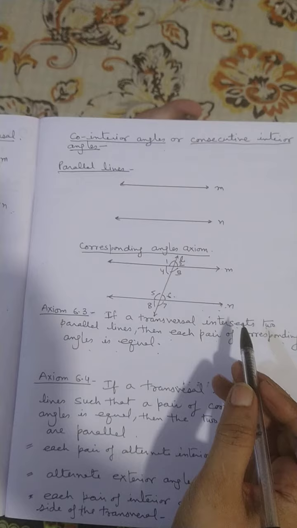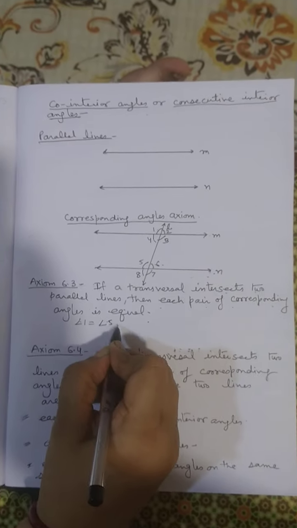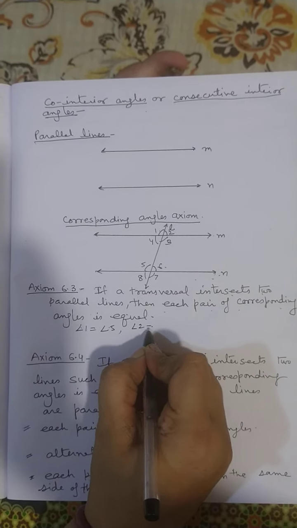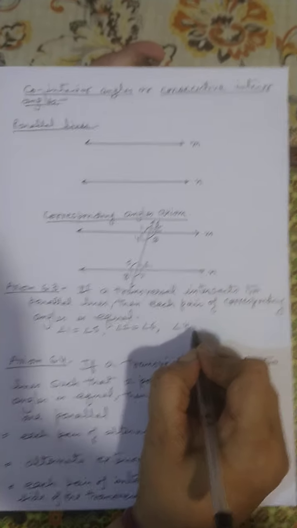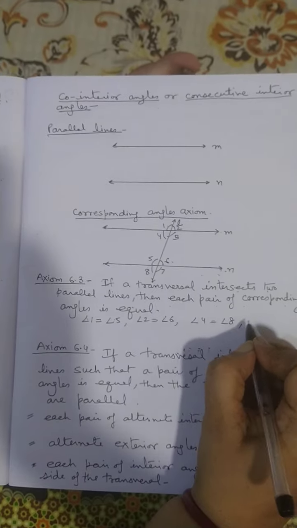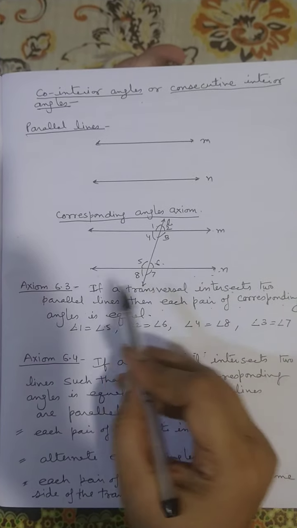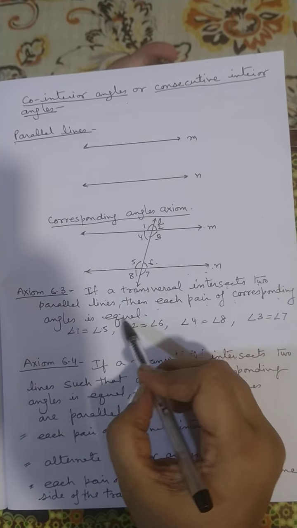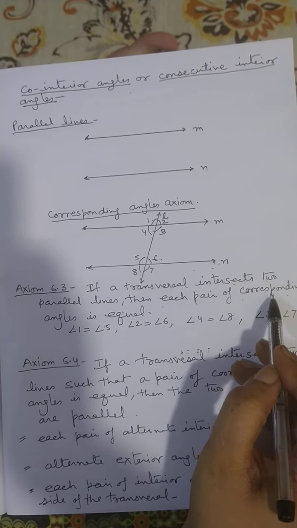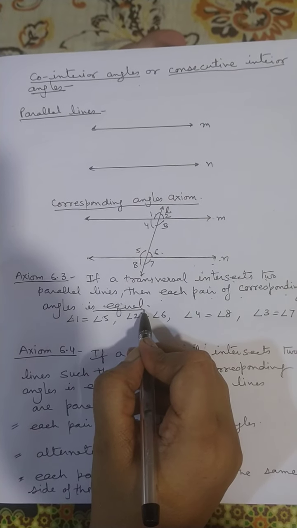So here the corresponding angles are angle 1 equals angle 5, angle 2 equals angle 6, angle 4 equals angle 8, and angle 3 equals angle 7. So the first axiom is if a transversal intersects two parallel lines, then each pair of corresponding angles is always equal.